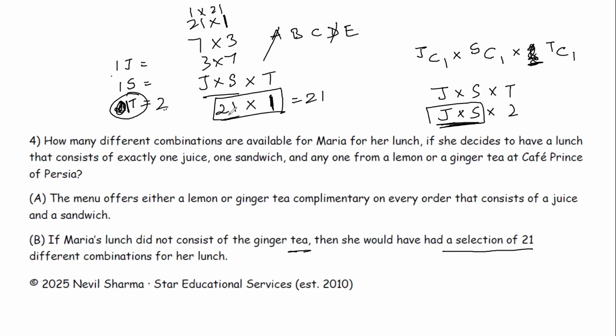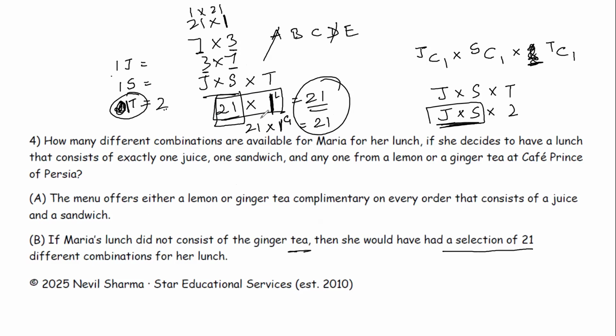Are you with me? Yeah. So we are going with the basic option that maybe there is 3 for juice and 7 for sandwiches, or alternately 7 for this. Whatever way it is, 21 is out here and 1 of lemon. So 21 options here. So with those 21 into 1 with ginger, where this is L for lemon and this is ginger, there will be 21 more.